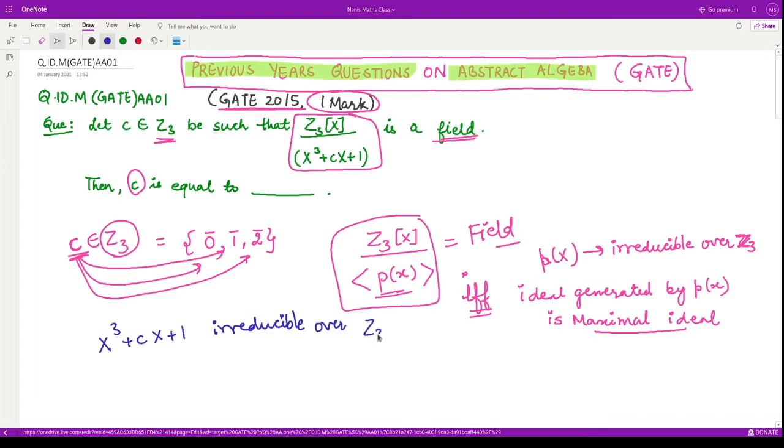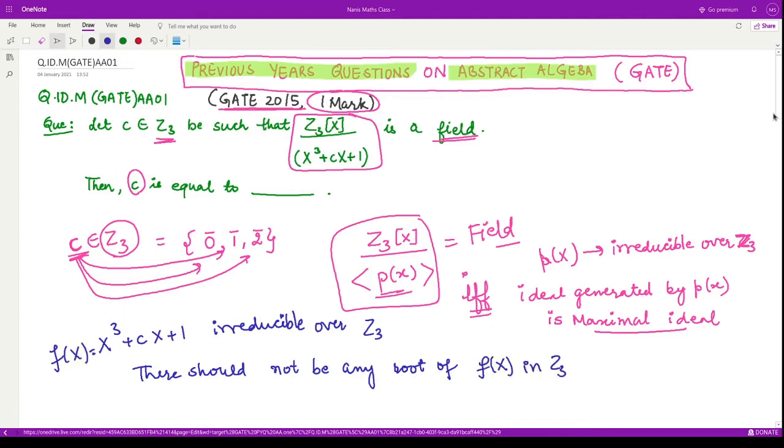So for this to be irreducible, this is of degree 3, so that means there should not be any root of this polynomial. Let us call it f(x) in Z3.